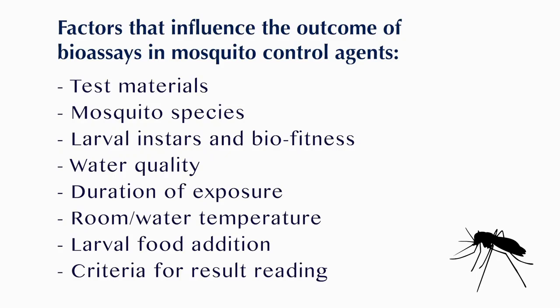There are a number of factors that influence the outcome of bioassays of mosquito control agents. These factors include the material being tested. For the same control agent, different formulations have different inherent toxicities. The mode of action differs appreciably among bacterial larvicides versus spinosad versus insect growth regulators. The mosquito species is important.